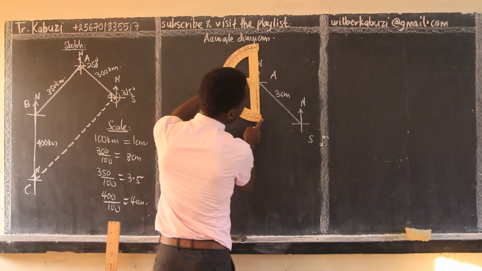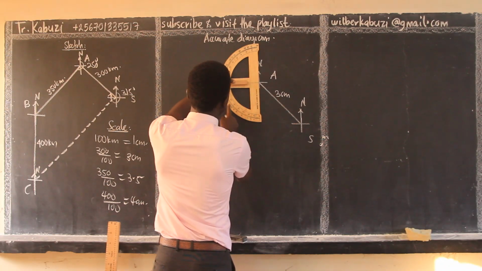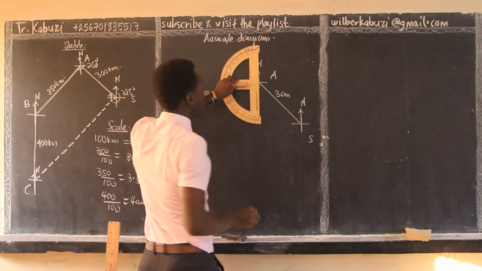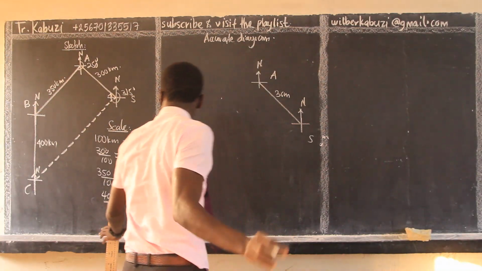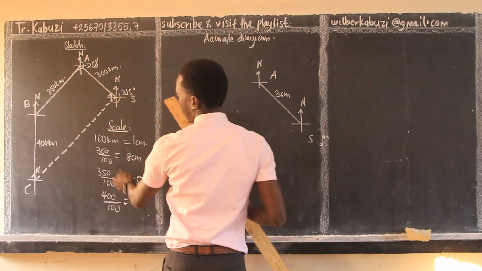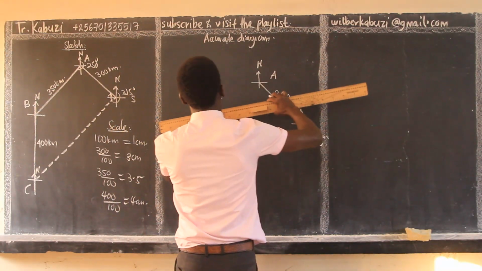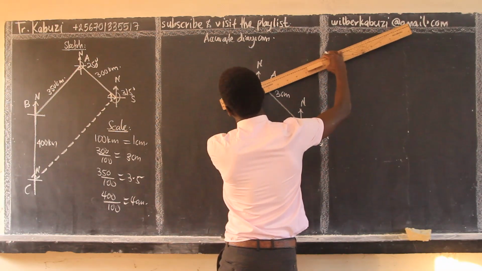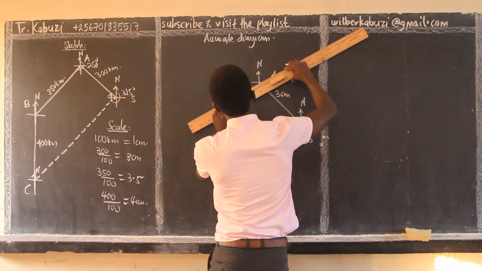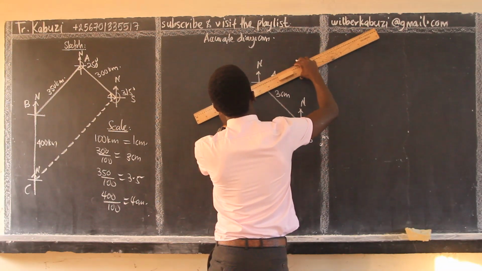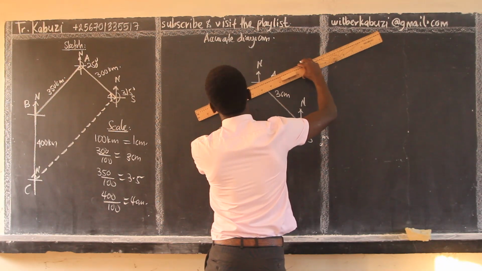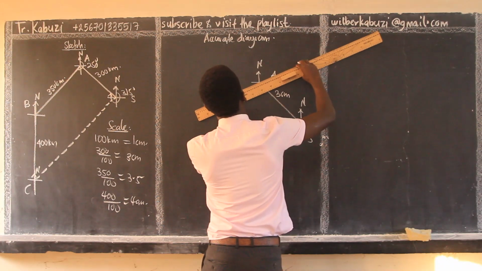From 180 I add 70. So this 70 is going to be around there. Now I'm going to 3.5. So my 3.5 is going to be around there, in that direction still.